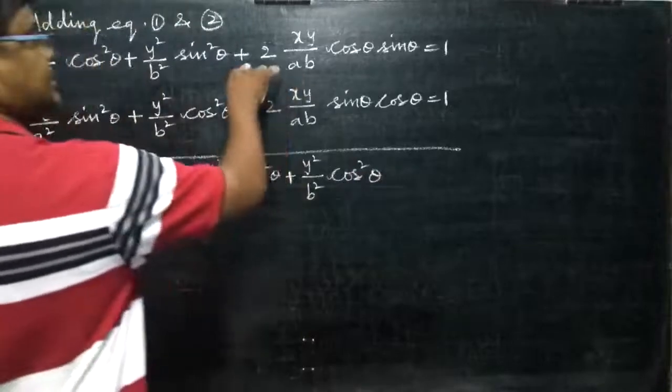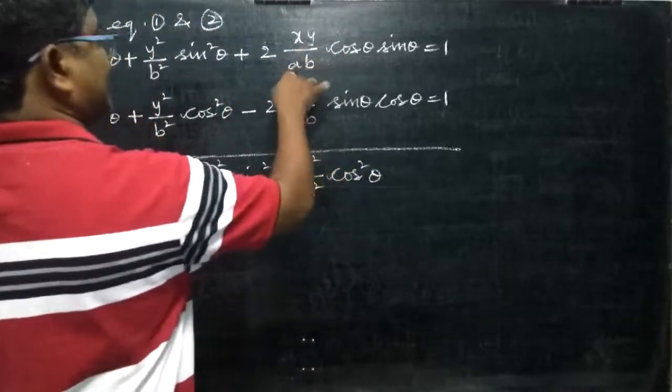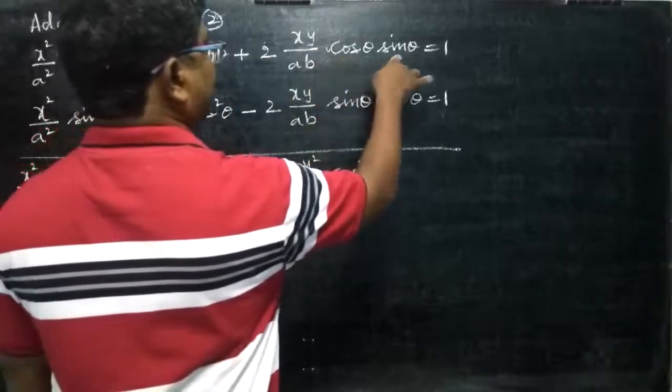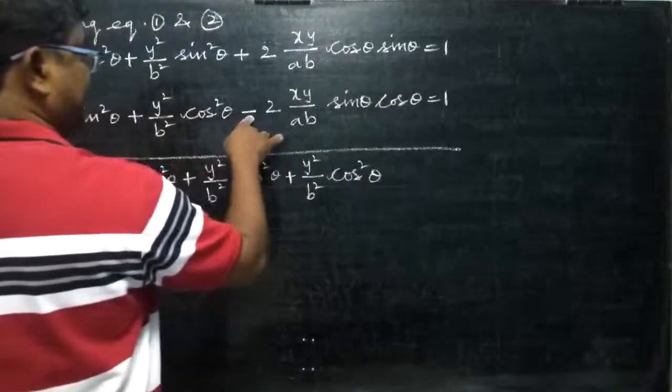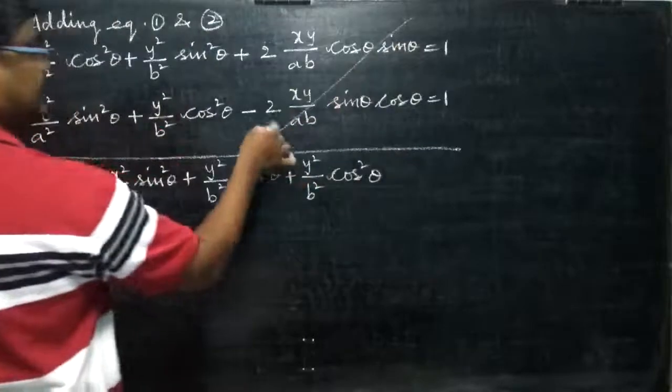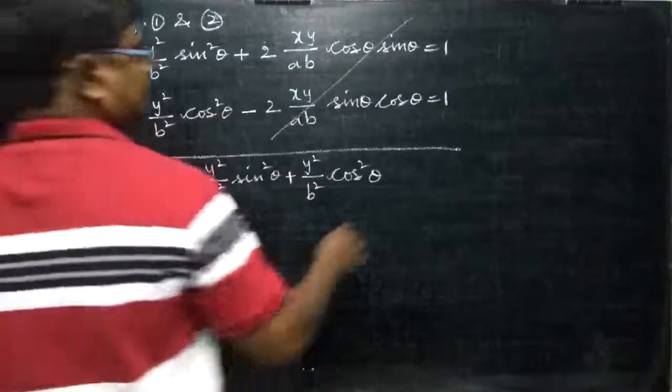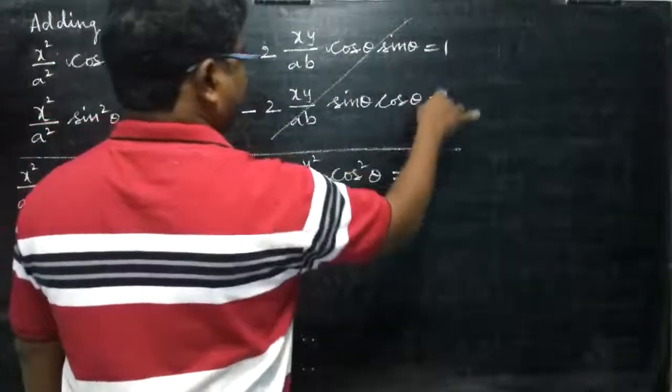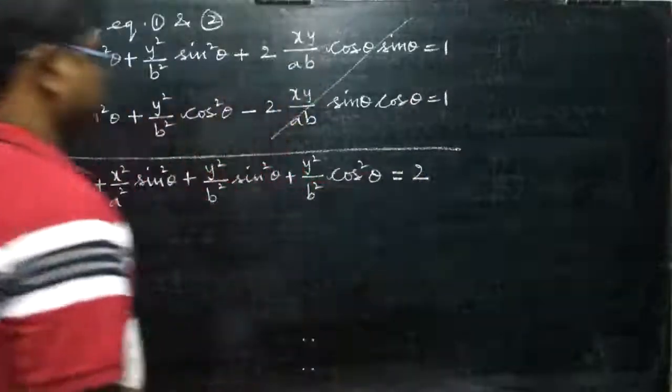This plus 2xy by ab into cos theta into sin theta and minus 2xy by ab sin theta cos theta both get cancelled because of opposite signs, is equal to, we are adding 1 plus 1 is 2.